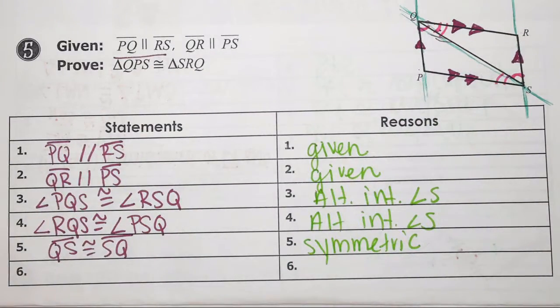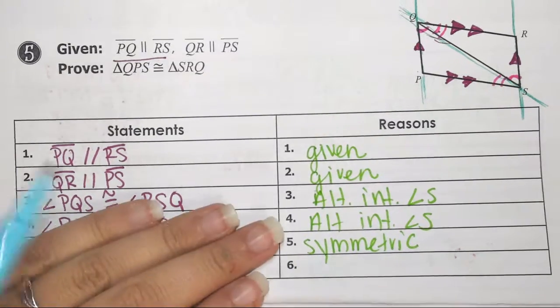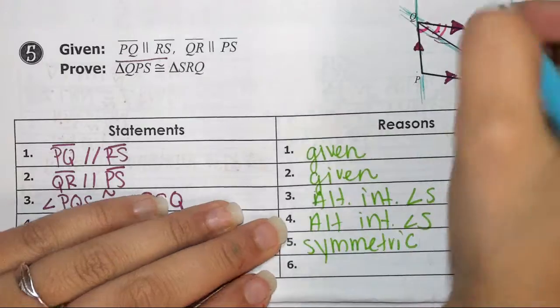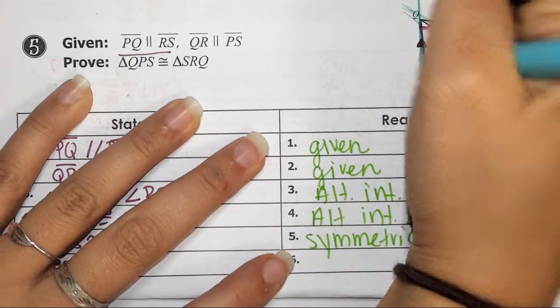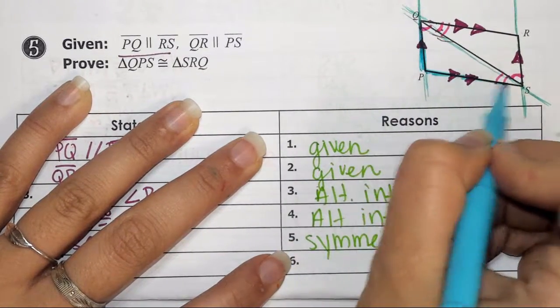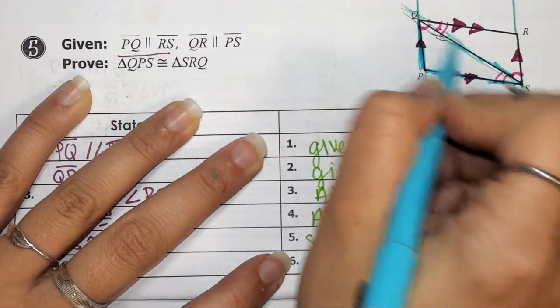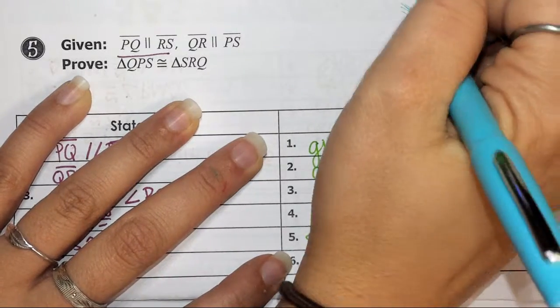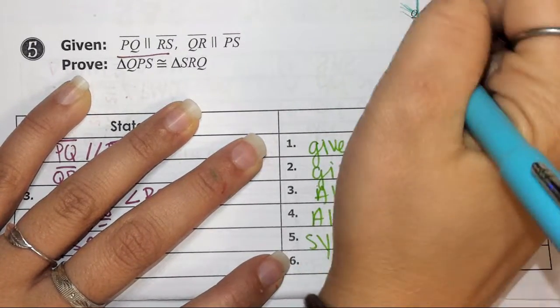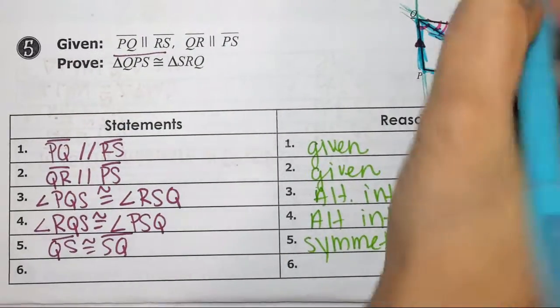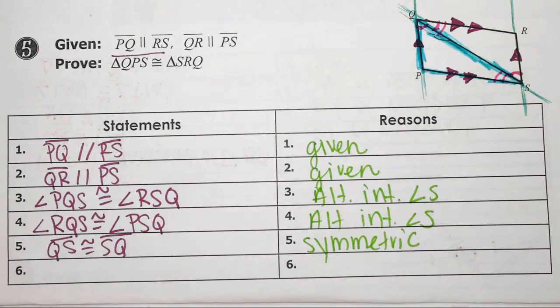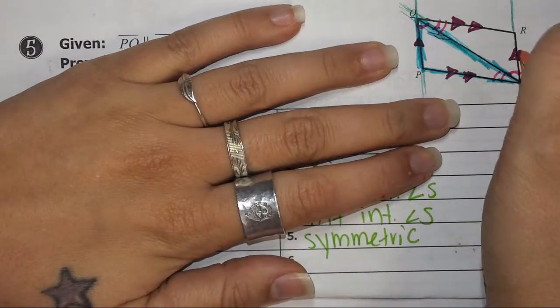Now I'm going to draw an outline of the triangles it's telling us. It says triangle QPS. That's this one, correct? QPS is this blue triangle. And then the other one is SRQ.